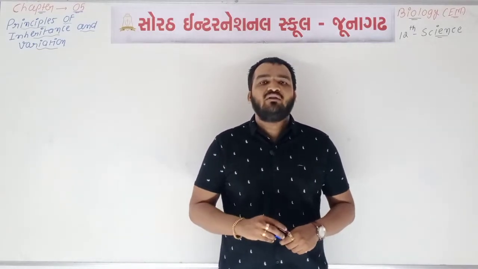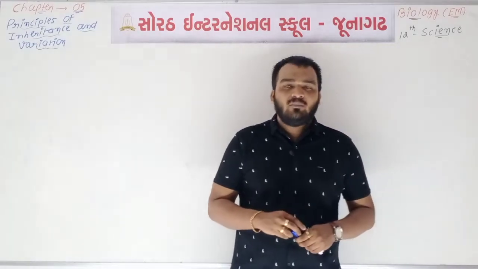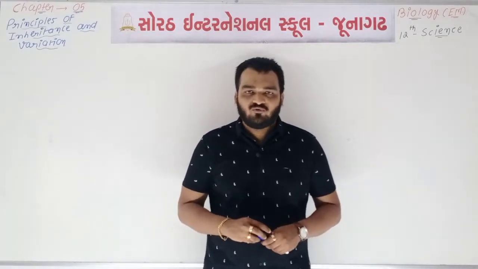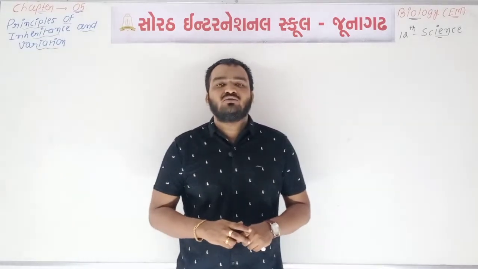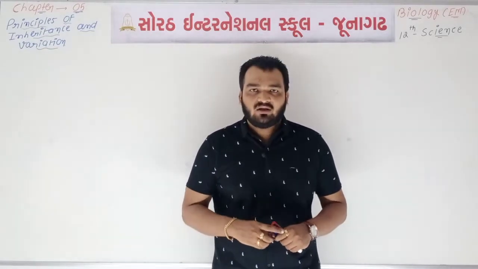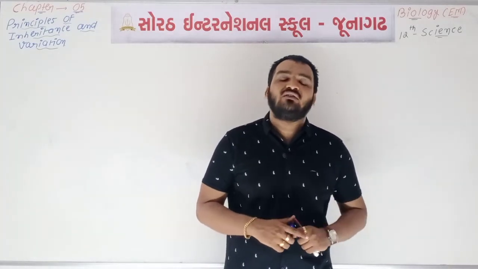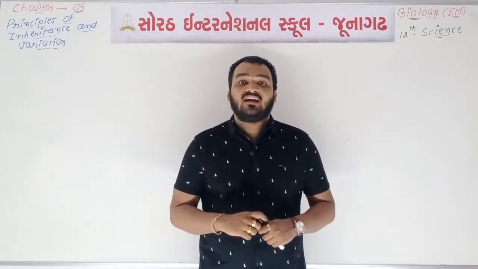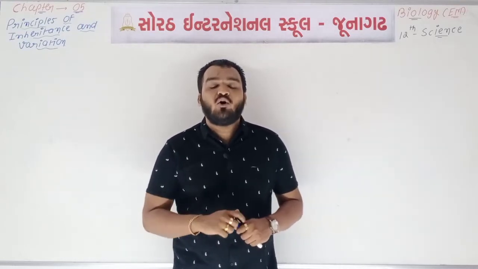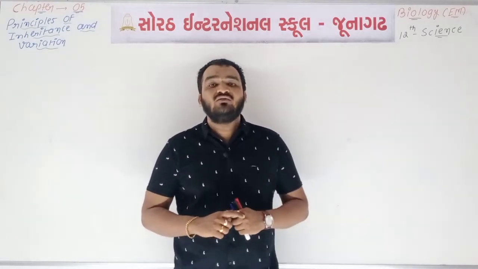First of all, we are going to revise the whole table of characters and their dominant and recessive traits. The first character is the height of stem: tall is the dominant trait while dwarf is recessive. The second character is the shape of seed: round is dominant while wrinkled is recessive.